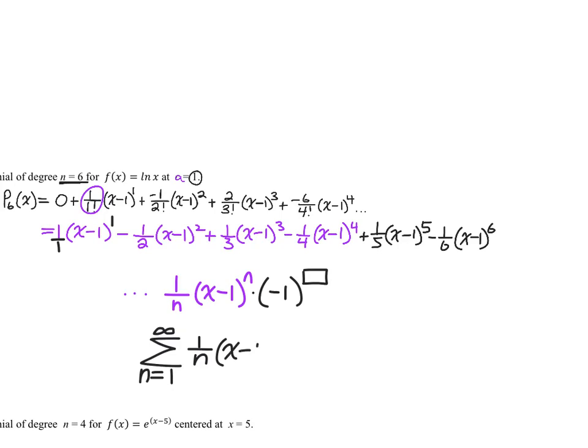We have the (x minus 1) to the nth. You expand this out: if I put a 1 here, I get the first term, or put a 2 here, I get the second term. We're good there. I would just need to figure out what power the -1 would have to be raised to in order to alternate from positive to negative and then back to positive.